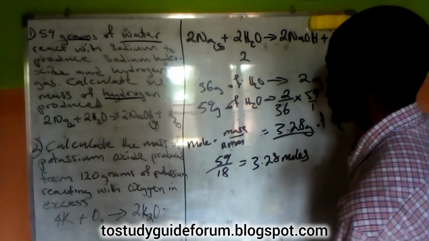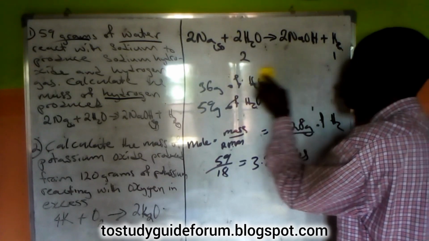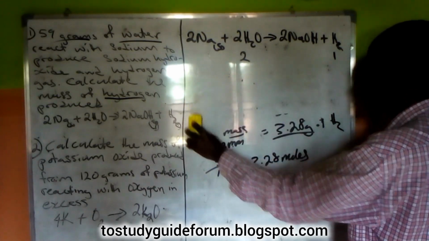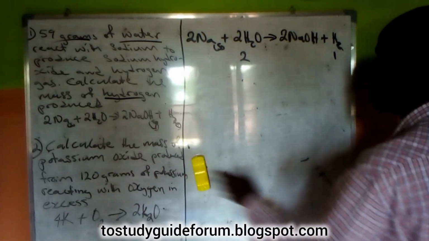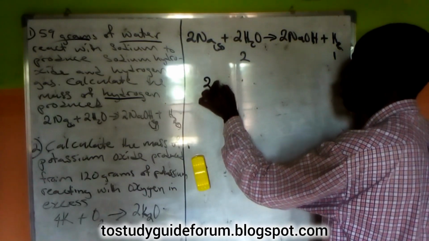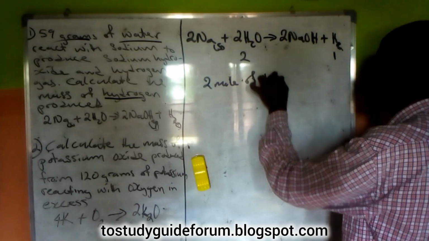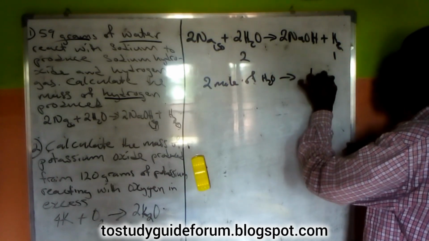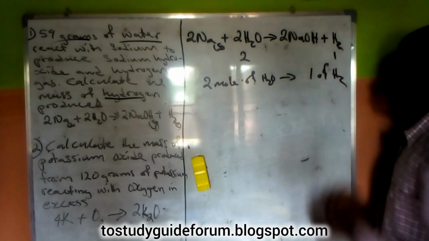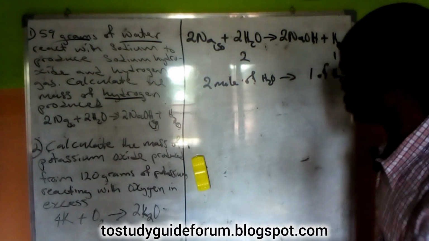Now we can compare it based on what we have here. Remember, based on what we have from the balanced chemical equation, we have 2 moles. Means that 2 moles of water will give us 1 mole of what? Hydrogen. 2 moles of water will give us 1 mole of hydrogen.